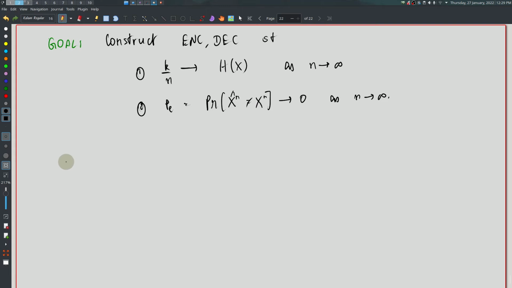So let's think about what a fixed length compressor does. The structure of, in fact, any fixed length compressor.